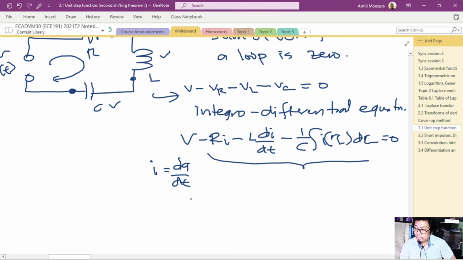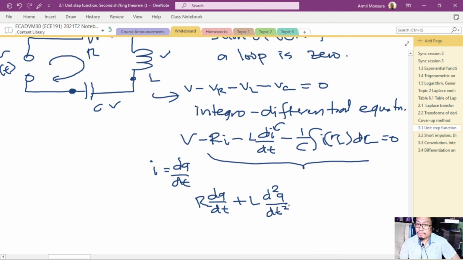I'll have the following. This is R dq over dt, plus L times the derivative of I. When I replace I with dq over dt, it means I'm taking the second derivative of q with respect to t. Because I took the derivative of I, so if I replace it with another derivative, that means I'm taking the second derivative of that quantity.